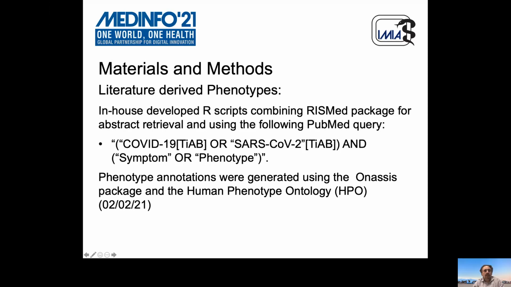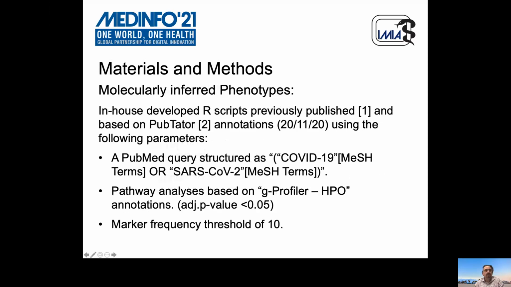Then, using the annotations from the Human Phenotype Ontology, we use the ONASSIS package to annotate these abstracts that we retrieved initially and identify a list of phenotypes that can be directly detected from the literature.